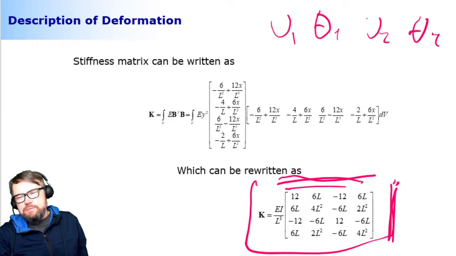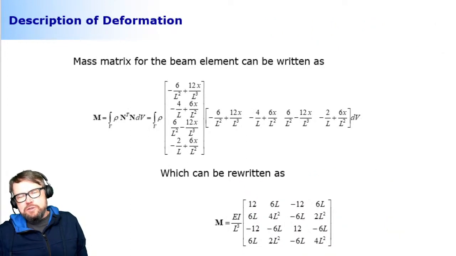And now this is your stiffness matrix, and that's about it. And you can also get the mass matrix with the help of shape functions. This is called the consistent mass matrix, because you're comparing how the inertia is distributed, again with the help of the shape functions.